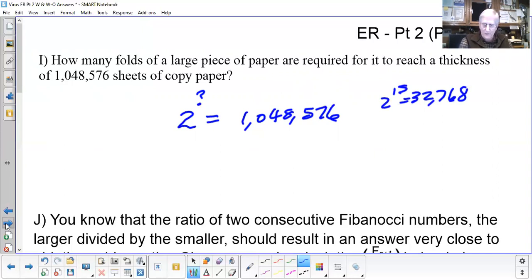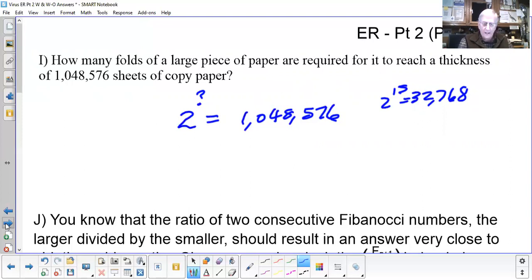So let's try 2 to the 17th and see if that works. 2 caret 17 equals 131,072. Not quite yet. All right, let's keep going. Let's try maybe 2 to the 20th. 2 to the 20th power.